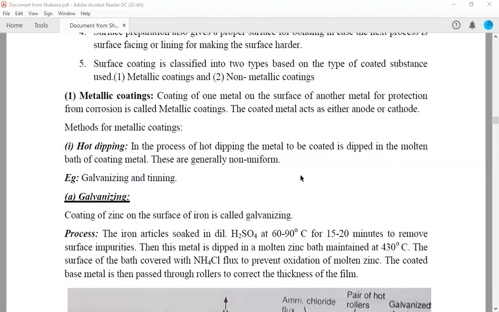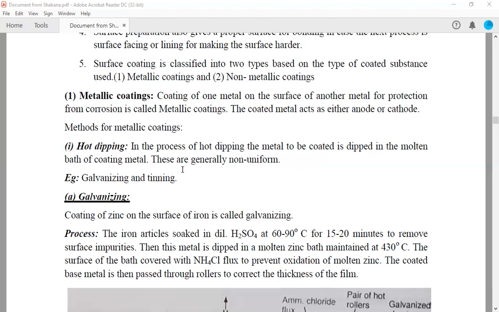The base metal is dipped in the molten bath of the coating metal, which is covered by a molten flux layer, which cleans the base metal surface and prevents the oxidation of the coating metal. For good adhesion of the coating metal on the surface of the base metal, the base metal surface must be very clean.